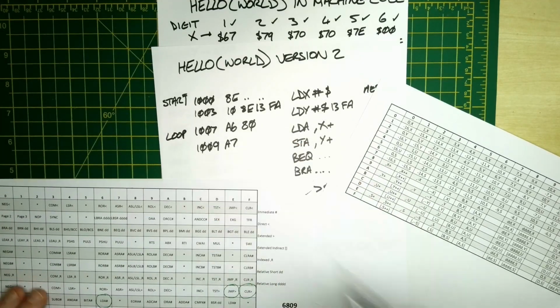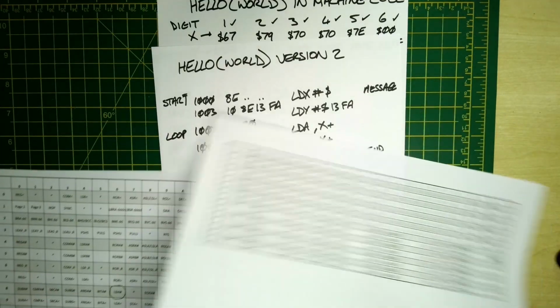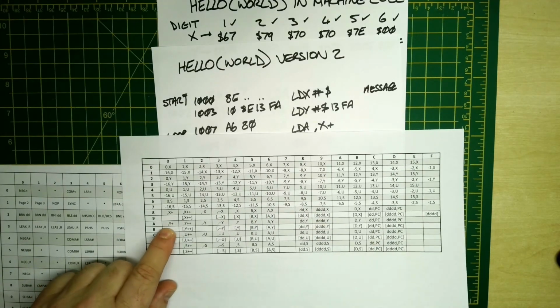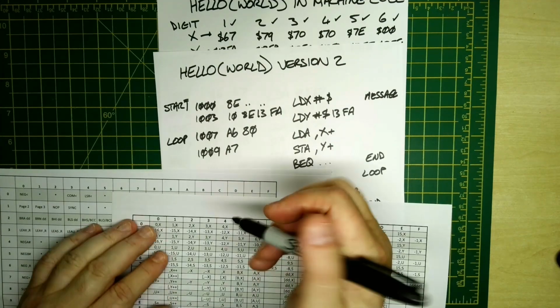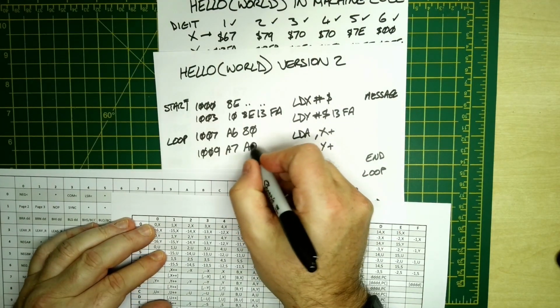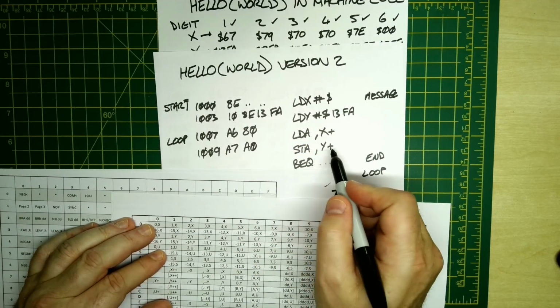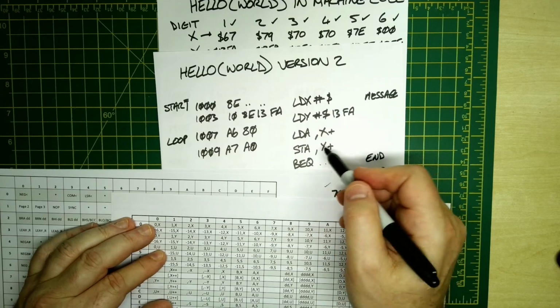That's A7. And now we need to find out what the post byte is for Y+. That is A0. Okay, so that says store A at the address of Y and then move Y on one.